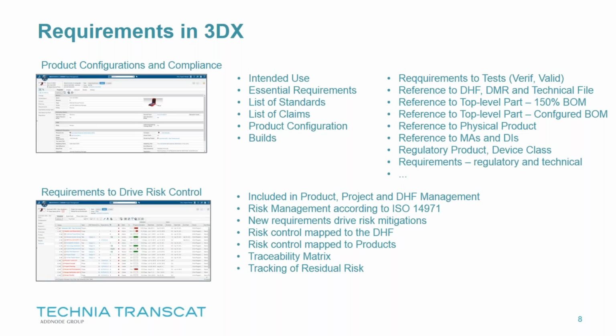So you can see what was actually valid for a particular build. So it's used for verification and validation purposes. It has a reference to the DHF. It could have a reference to the DMR and the technical file if I want that. And then I can use the requirements to determine the readiness of the technical file.